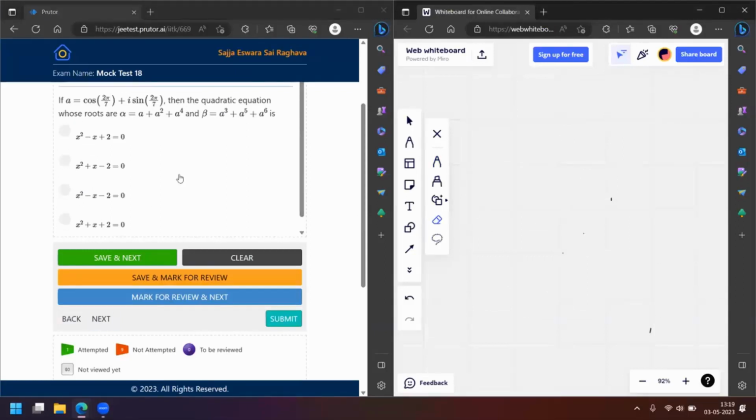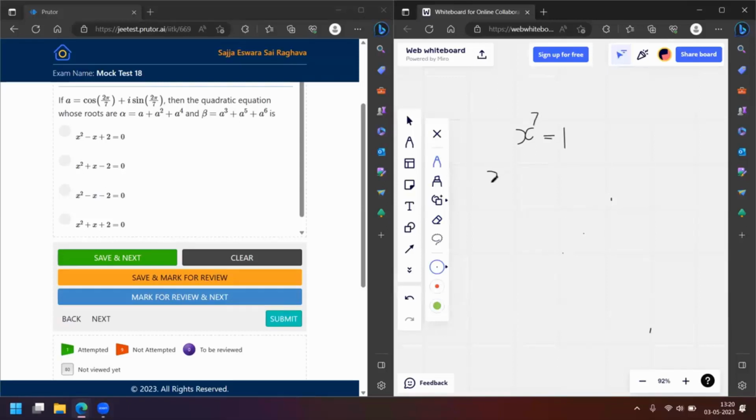Now, alpha is equal to something. To get a quadratic equation we just need to know the sum of the roots and the product of the roots. For the sum of the roots, alpha plus beta is equal to a plus a square plus a cube plus a to the power 4. Since a is a seventh root of unity, first we can write a as a root of x to the power 7 equal to 1.